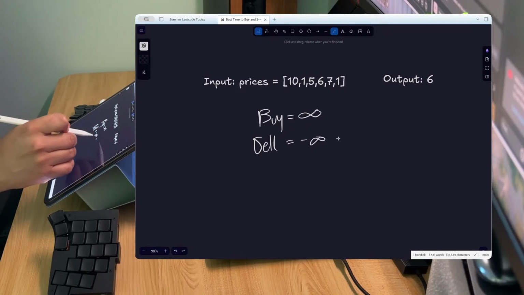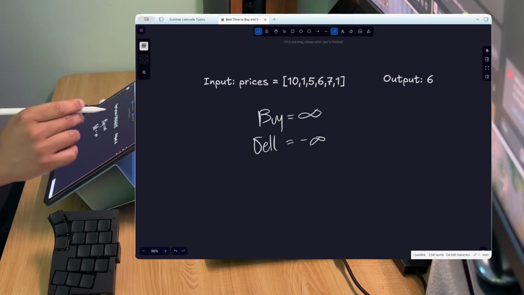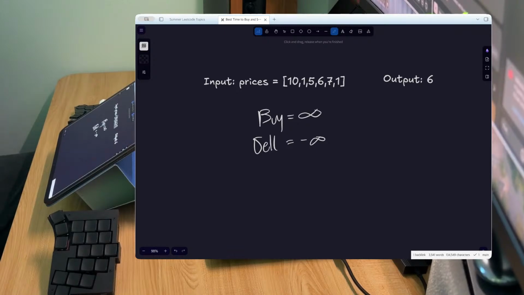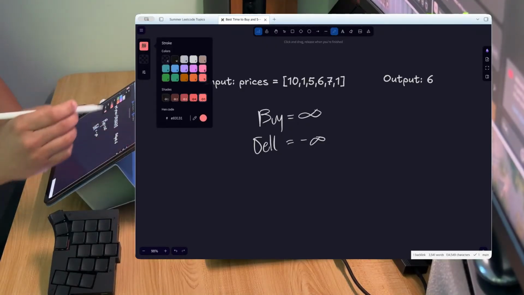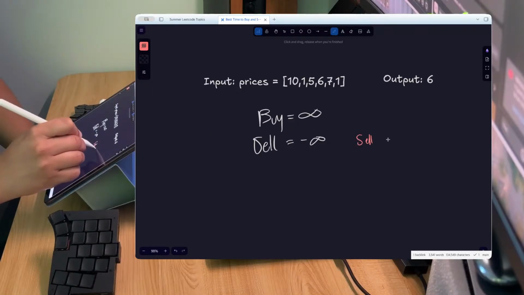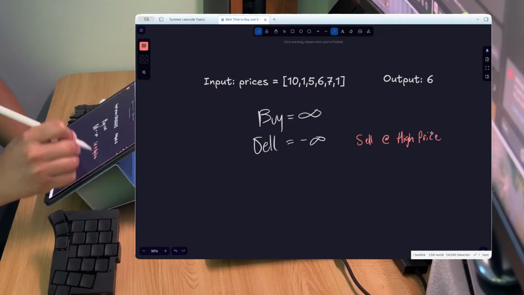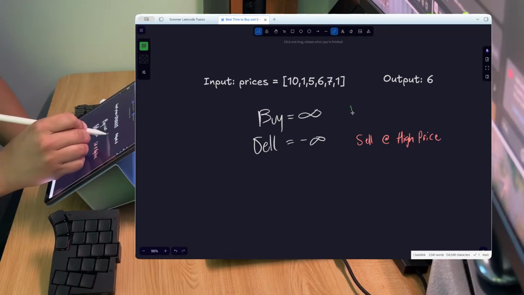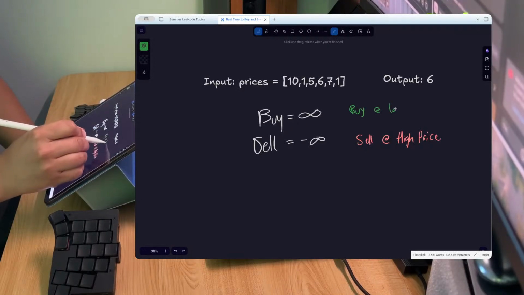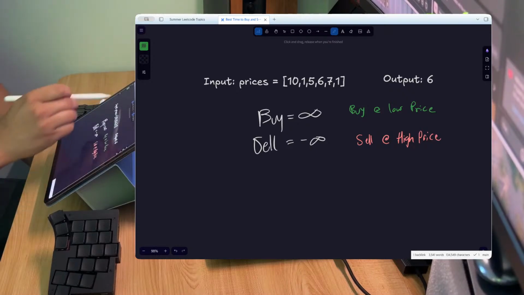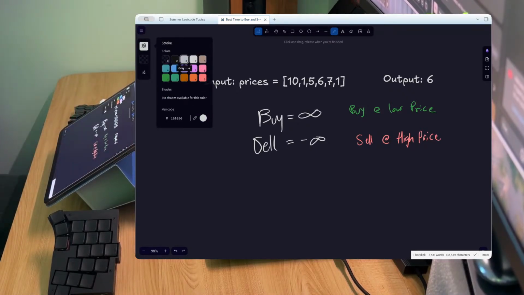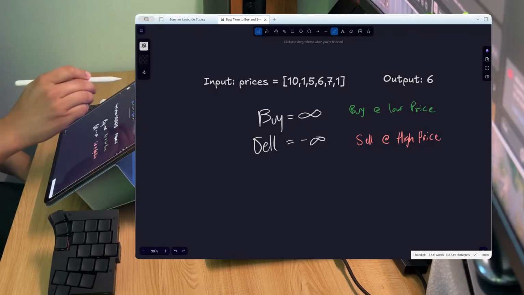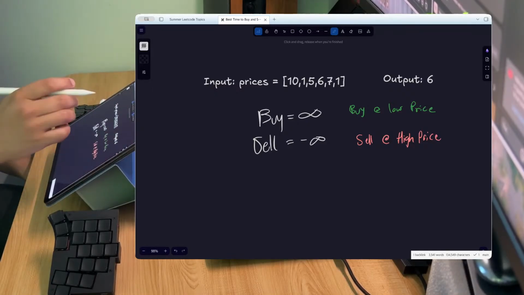Ideally, we want to sell at a really high price, right? Stonks, right? Okay. Can we do this?